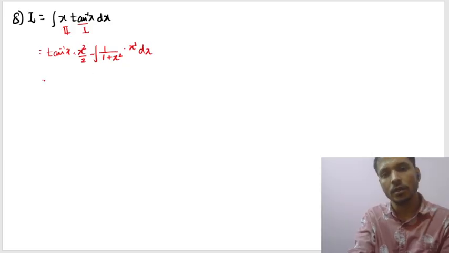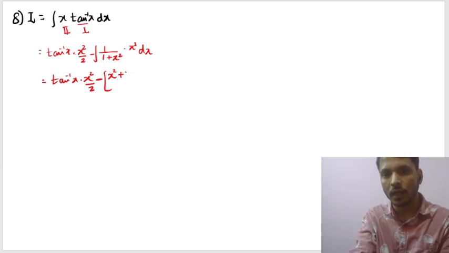Alright. So actually it is simple. Tan inverse x, and here x square by 2. Here inside this we have a minus sign, and taking the bracket so that we can add and subtract things here. We have x square here because it is multiplied with the 1.